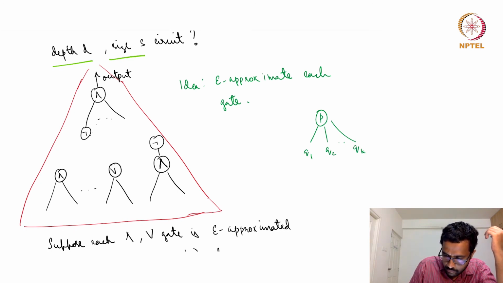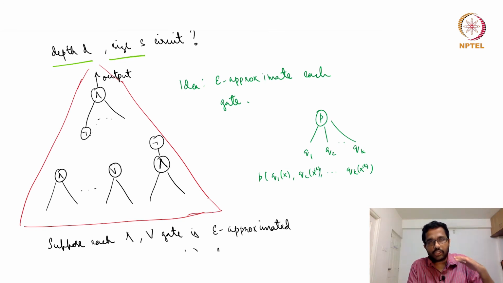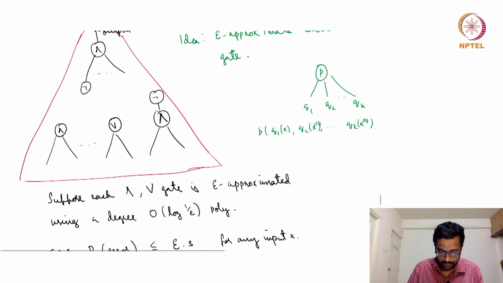Then what it means is that the polynomial takes as input p of q1 of some x, q2 of maybe some x2, and so on, qk of xk. So basically it's a composition of polynomials of other polynomials, so the degree will blow up. So let us try to estimate the error and the degree for this.